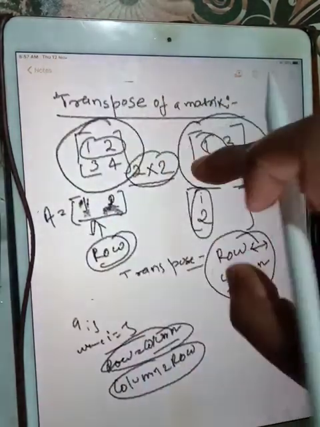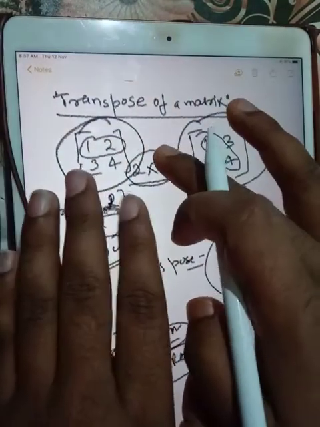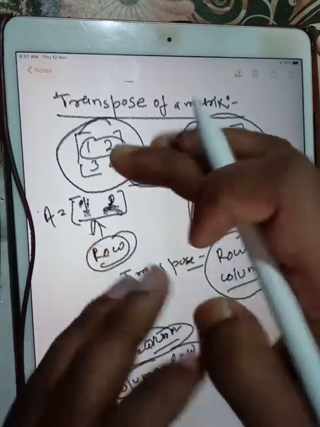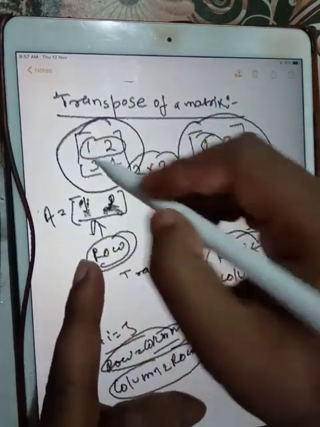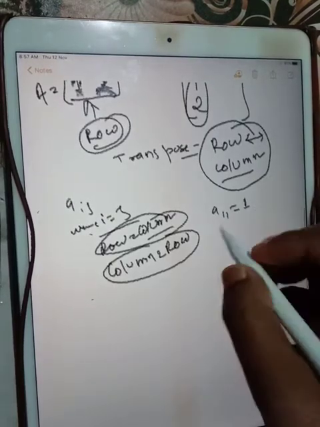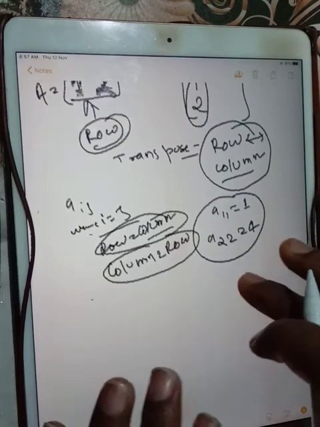That's why in this matrix the diagonal elements, that is 1 and 4, will remain at their position, because here a11 is equal to 1 and a22 equal to 4. Okay, then 1 and 4 are in their place.